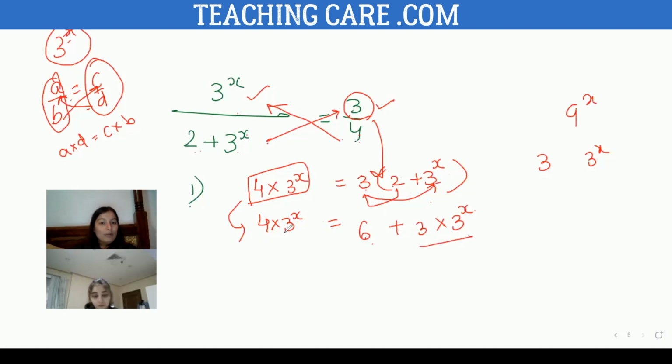Now in these three terms, which two out of these are like terms? This is the first term, this is the second term, and this is the third term. Which two are like terms?